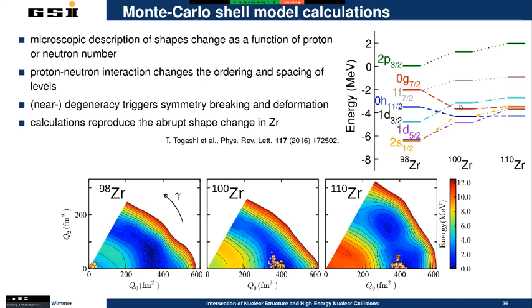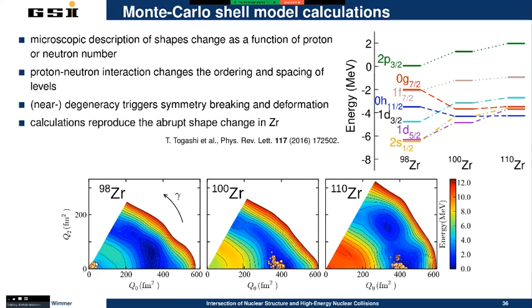So you have probably seen these plots before that describe, as a function of beta and gamma, or Q0 and Q2, the shape of the nucleus, and the color code shows the potential energy surface.